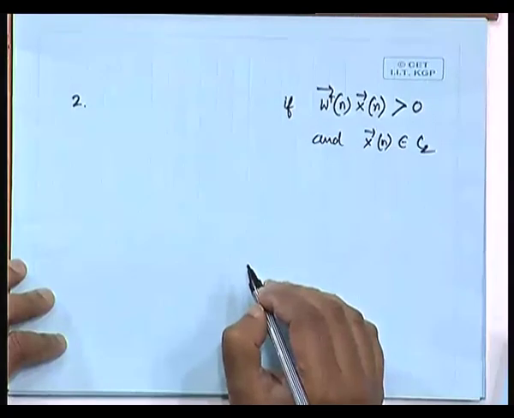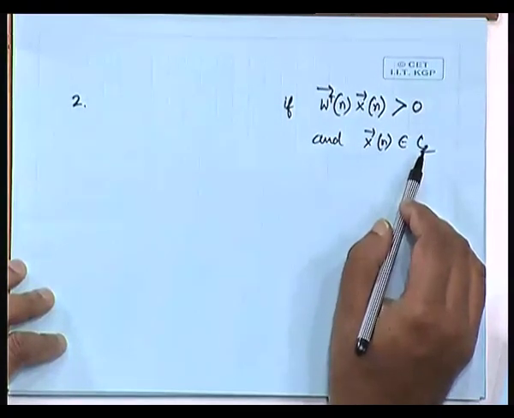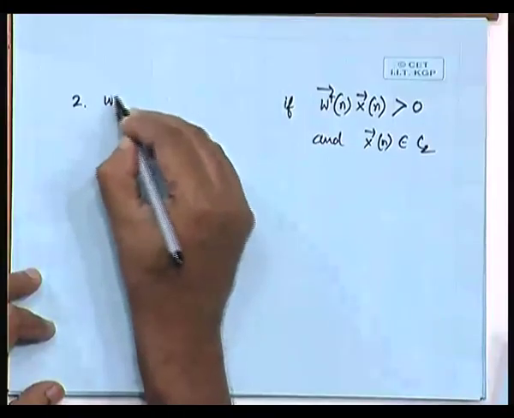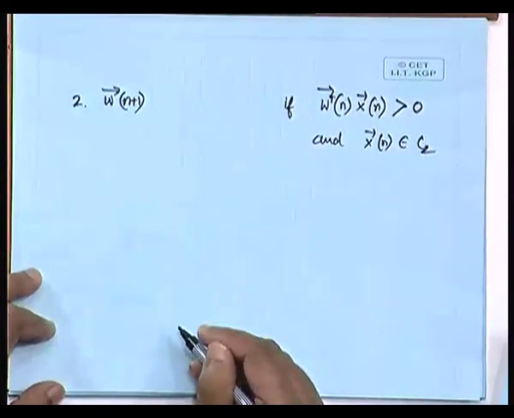Xn belonging to C1 would have made it a correct classification, but I have purposefully made it an incorrect classification. So, I have drawn xn from C2, but I have got W transpose xn greater than 0. So, it is a misclassification, a wrong classification. Wrong classification means we must necessarily update the weight. So, you tell me what should I write for Wn plus 1?